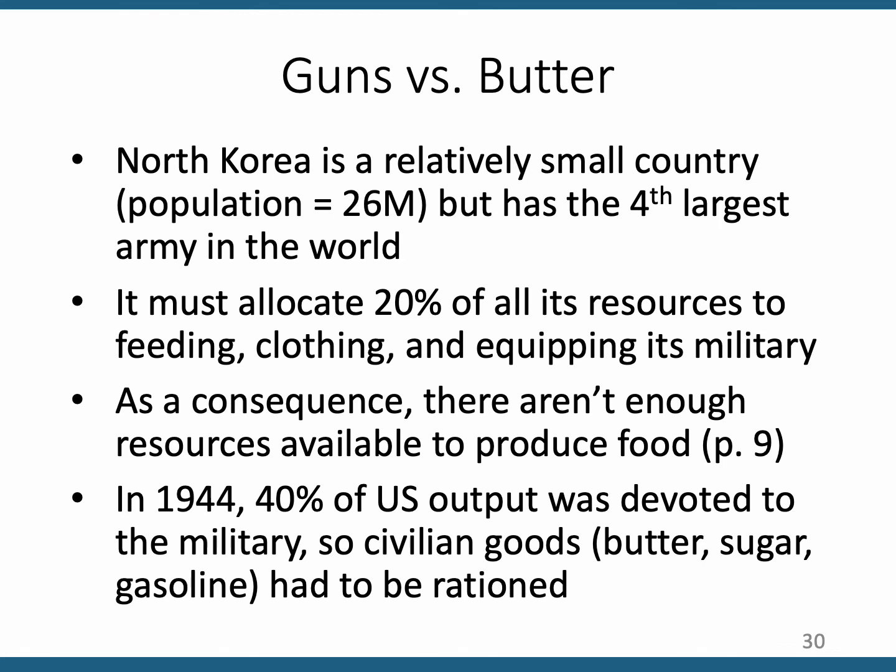And if you jump to this last bullet here, you can see that now this is an extreme example, but in our biggest involvement in World War II, in 1944, at the peak of our involvement, we were using 40% of our productive resources in our economy to produce military services and goods.